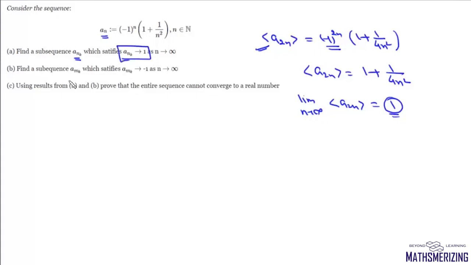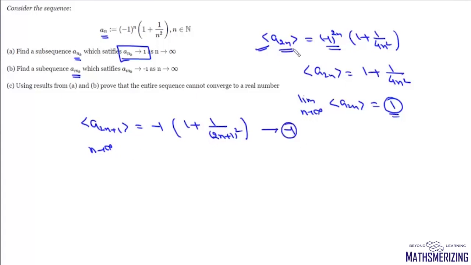Now the next one is find a subsequence amk which satisfies amk equals minus 1. Now if we take this subsequence a2n plus 1, then we'll get minus 1 into 1 plus 1 upon 2n plus 1 whole square. Now if we take this limit n tends to infinity, we'll get this limit as minus 1.